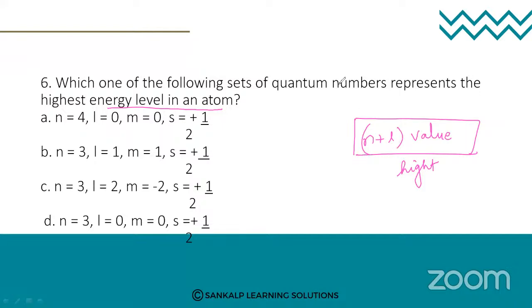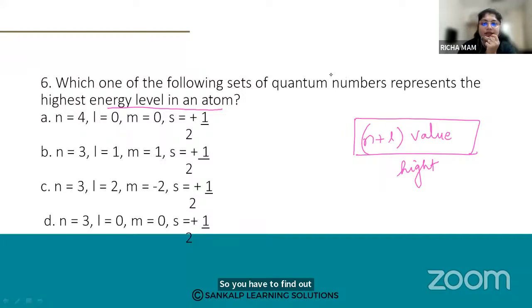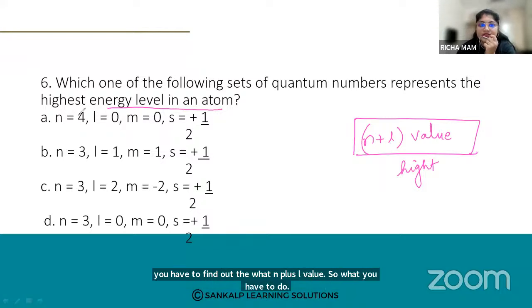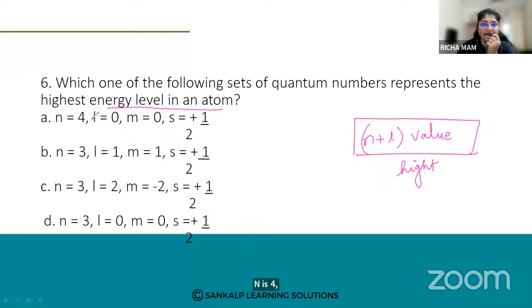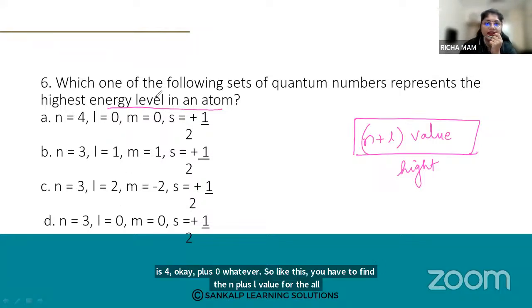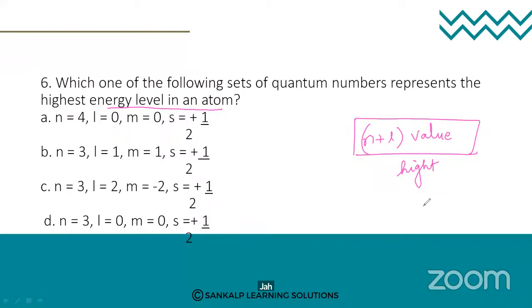So you have to find the n plus l value, for example n is 4 plus 0, for all four options. Whoever's n plus l value is highest represents the highest energy.